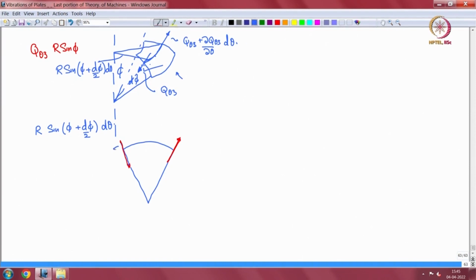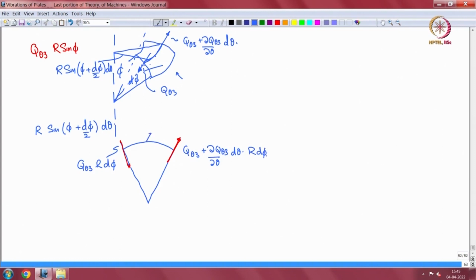So this force is Q theta 3 and this is Q theta 3 plus del Q theta 3 by del theta d theta. They are resultants, so I need to multiply by this length, which is r d phi in both cases.